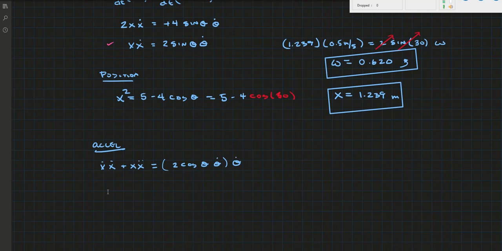And this theta dot came because of the chain rule. And then we have the other function, which is 2 sine of theta times the derivative of theta dot, which is theta double dot. And that theta double dot is what we're looking for, the angular acceleration. We have all the other terms solved for or given, so we can just plug them in. Notice here that our acceleration is equal to 0 since we have constant velocity.